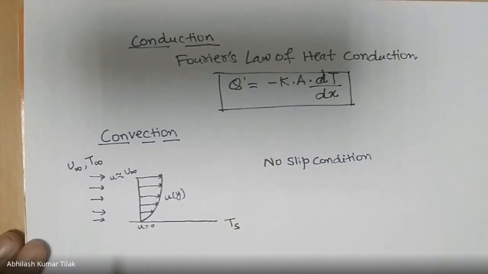The layer that sticks to the surface slows down the adjacent layer because of the viscous forces between the fluid layers, which also slows the next fluid layer and so on.